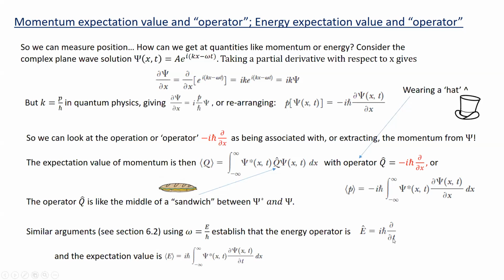Okay, so it's not surprising it's related to the time, because energy is related to frequency, while momentum is related to wave number, which is related to space, or x. And the expectation value for E would be the integral of i h bar psi star d psi dt dx.